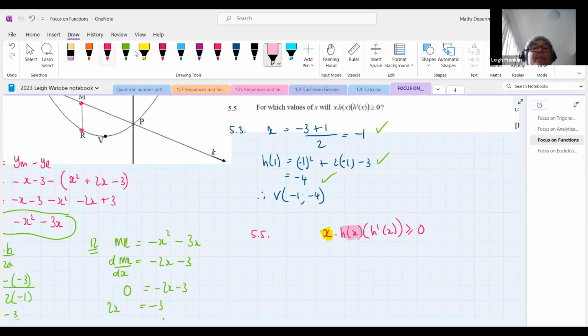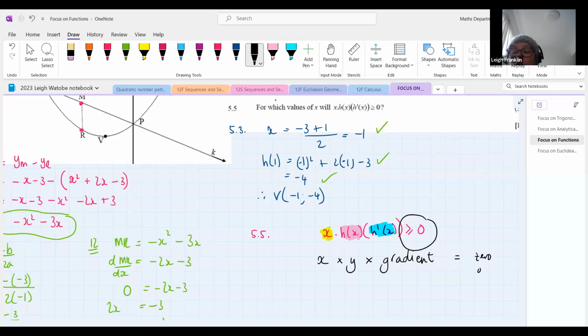And then h prime x, sorry, grade 11s, this again means gradient. So in other words, what we are doing here is we're taking x, we're timesing it by y, and then we're timesing it by gradient. And we want an answer in this case that is either equal to 0 or positive. So when we times these 3 values together, we want an answer that's 0 or positive now.